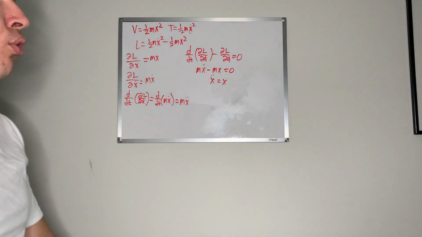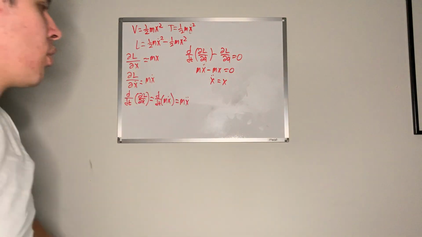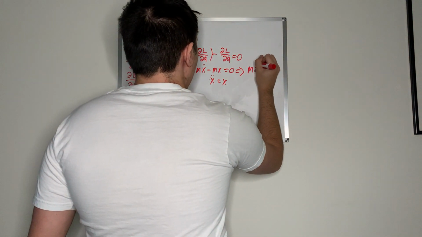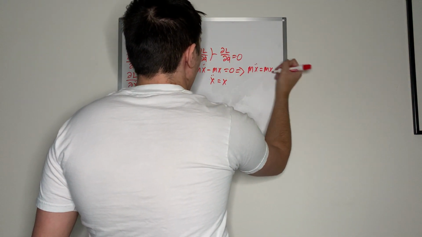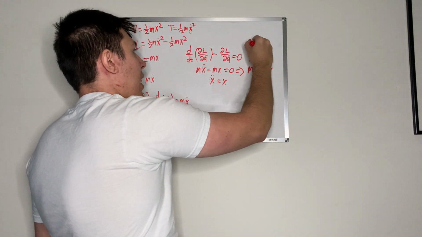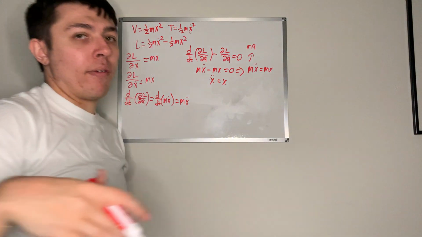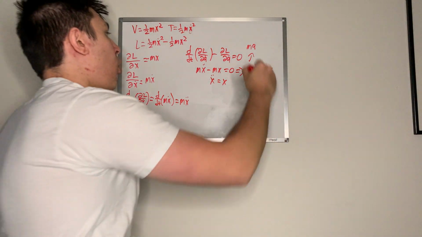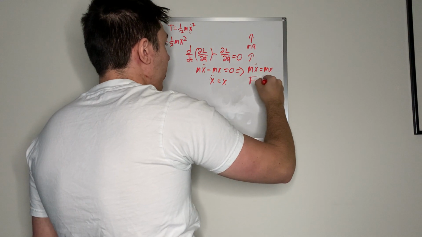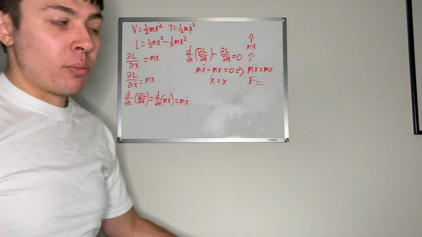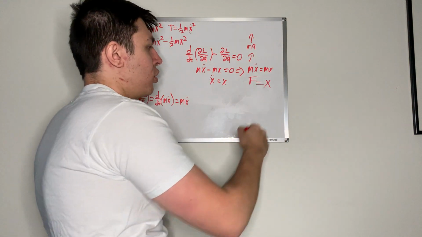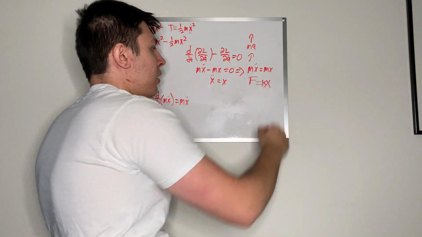Or if we were to stay up here, this necessarily becomes mx double dot is equal to mx, or this is our familiar ma, right? Because the second derivative of your position is your acceleration, or our force. So technically up here we have our force equation, the equation of motion for a harmonic oscillator. And usually we put a k here for a constant, right?